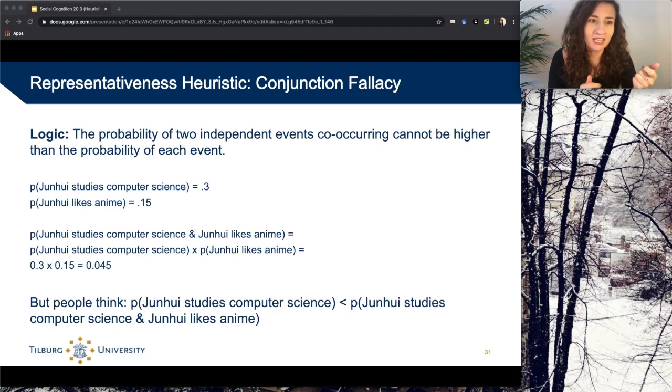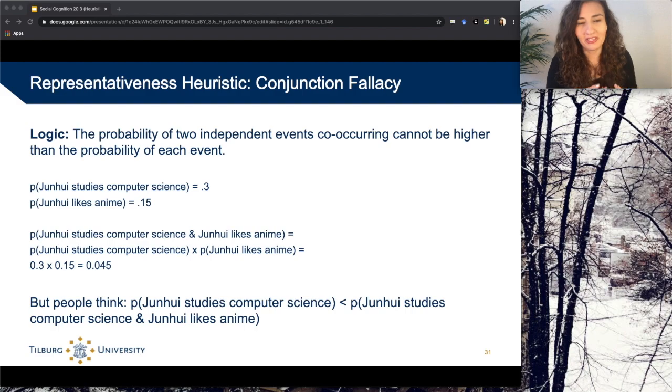So that would mean that the probability that she studies computer science and that she likes anime is the product of the probability of her studying computer science and the probability of her liking anime. So it would be 0.3 times 0.15, and that would make 0.045. So that means it is far less likely that both are true than that each individual event is true, right?